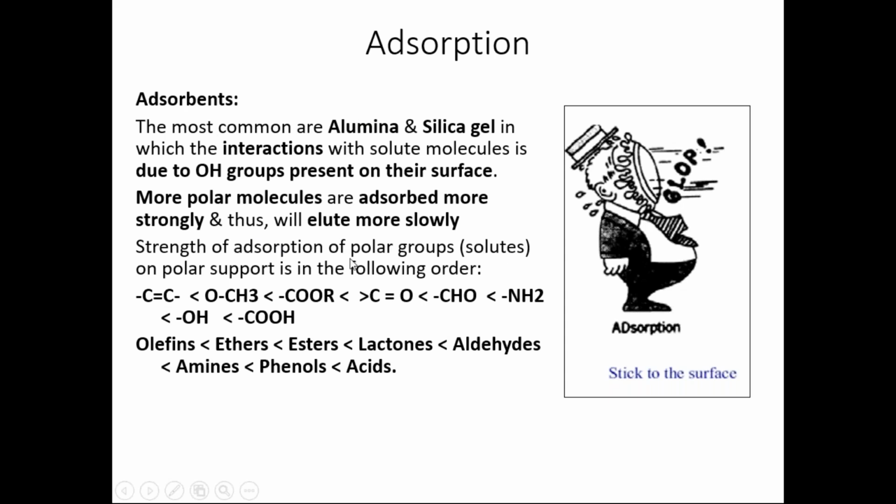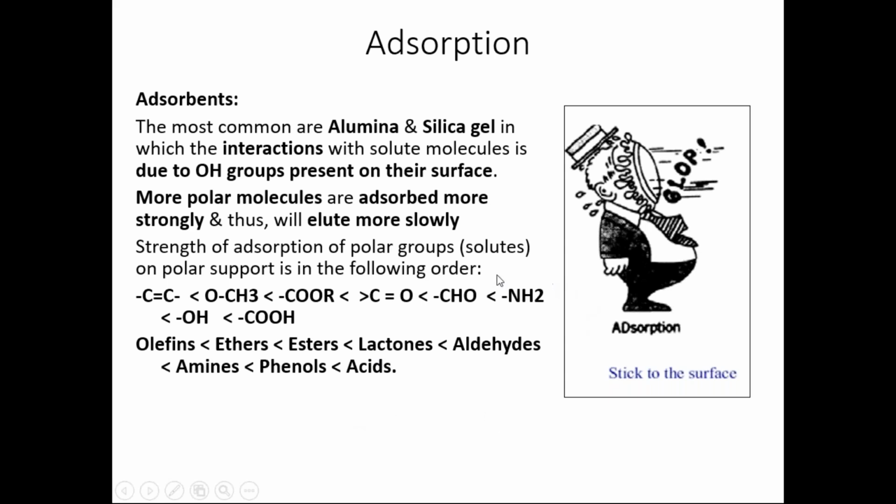So the strength of the adsorption of polar groups on a polar support is of this order: the olefins, the ethers, the esters, the lactones, the aldehydes, amines, phenols, and acids. Here the process of separation is adsorption, desorption, adsorption, desorption.